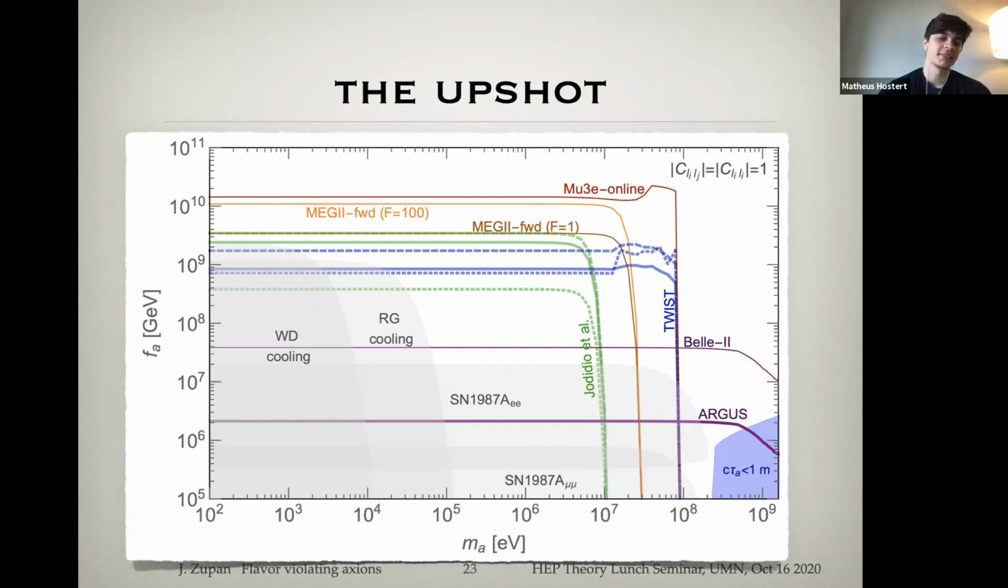Can you do anything with these experimental proposals for muon-electron scattering? Like muon, I think there's one that CERN proposed. You mean for the hadronic vacuum polarization?